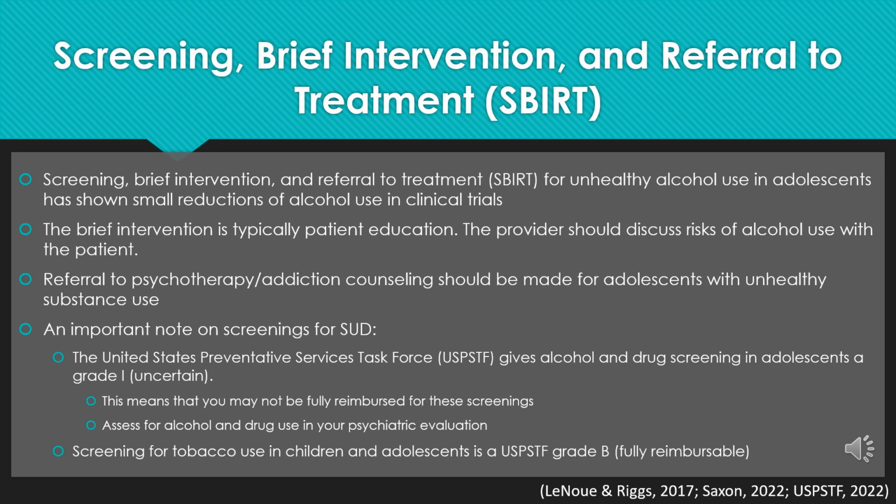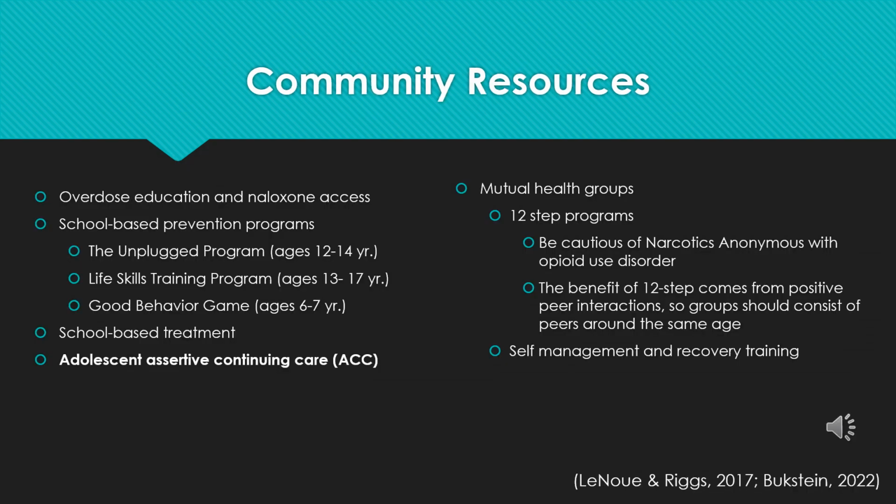And that means that for a regular teen with no history, screening for these behaviors, you may not be fully reimbursed for that. So the way around that is to assess for alcohol and drug use in your psychiatric evaluation. There actually are some good community resources available for adolescents with substance use disorders, and these will all be dependent on where the individual lives.